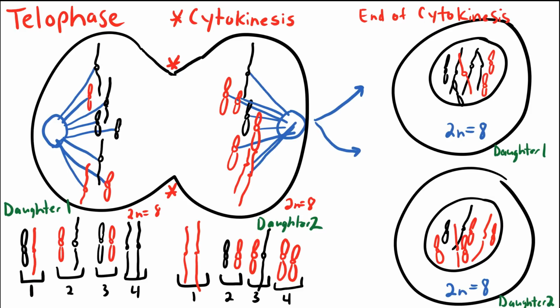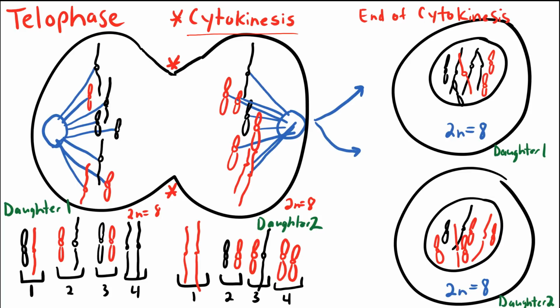What's interesting too is the events of cytokinesis. Cytokinesis, which physically separates the parent cell into two daughter cells, is going to happen towards the middle to end of telophase. Okay, so we have somewhat overlapping events here. We'll describe them together for you.